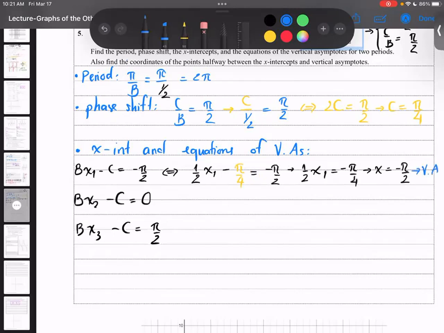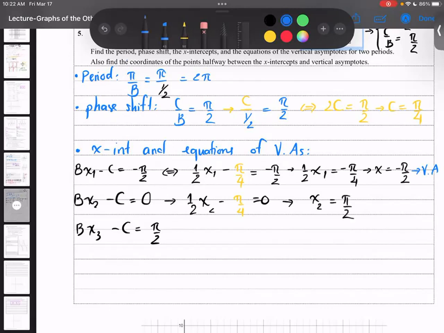The second point is your x-intercept. 1/2 x2 minus pi over 4 equals 0. Let me give you a happy ending. x2 equals pi half.